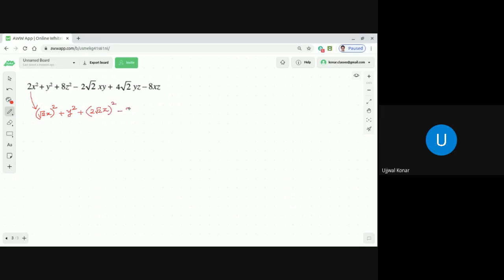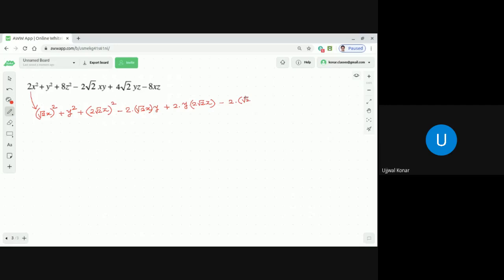Minus 2 into root 2 into x into y. Got it? The first term, plus 2 into y into 2 root 2 into z. Correct or not? Minus 2 into root 2 into x.